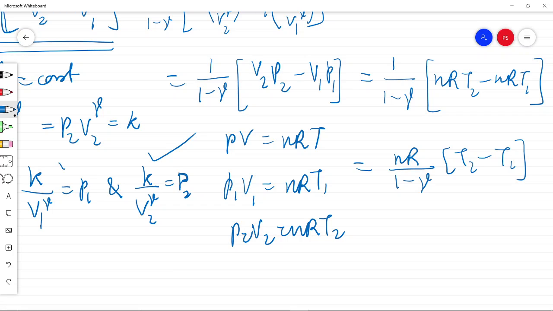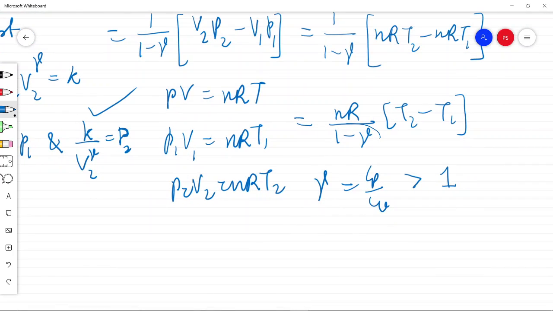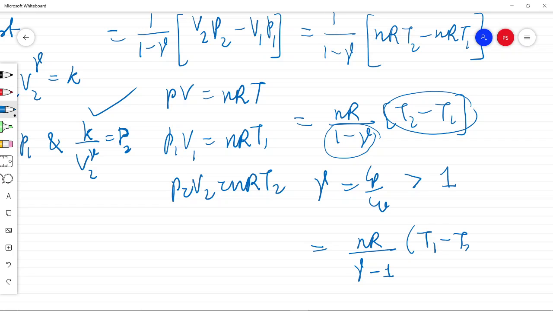Now we should note that gamma, which is the ratio of Cp by Cv, is typically greater than 1. So this subtraction in fact is going to be negative. So to adjust this, we will write it as nR upon gamma minus 1. So I multiplied this by minus 1. Similarly, multiply this by minus 1 to get T1 minus T2. So this is an expression for work done during an adiabatic process.